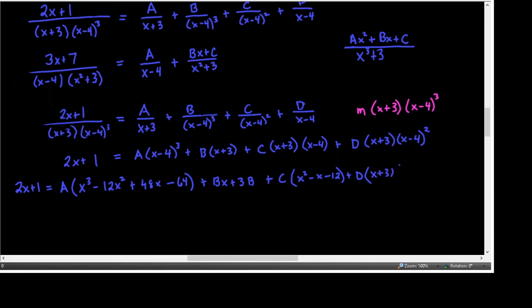So x squared minus 8x plus 16. Okay, so 2x plus 1 is equal to ax cubed minus 12a x squared.